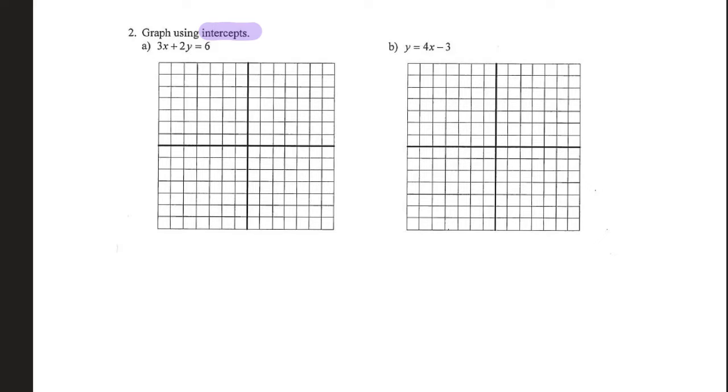So what we're going to do is algebraically find the intercepts, and then graph them. So we have a little bit of notation that we need to get down. I would need to see all of this algebra to graph by this method. Okay, so the first thing, we are going to find a y-intercept.